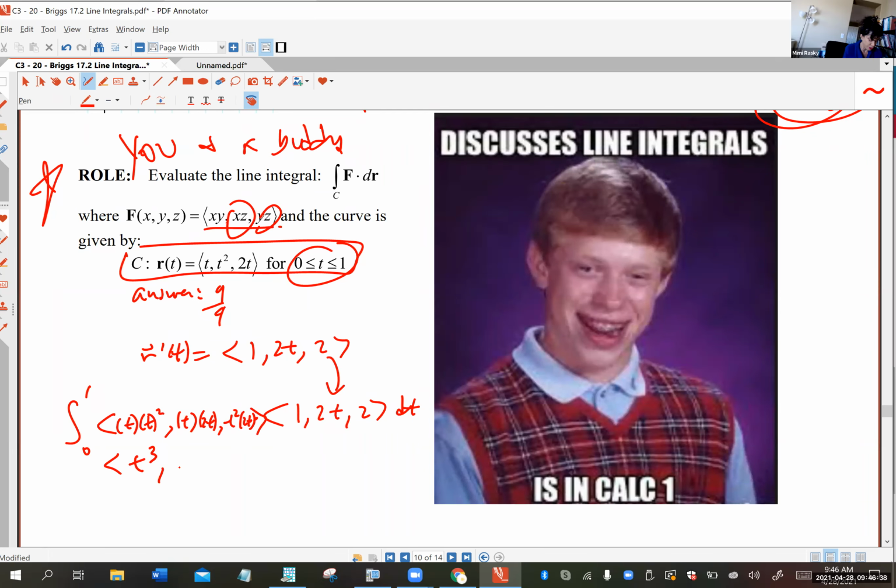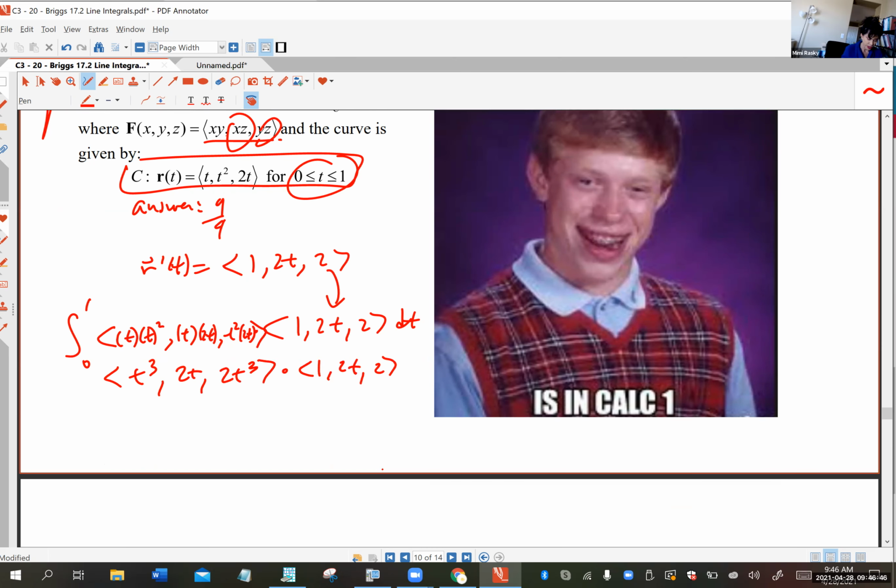That looks like t cubed, 2t squared, 2t cubed, and we're going to take that dot product with the other vector 1, 2t, and 2. So when I do the dot product, I'll have t cubed times 1 plus 2t squared times 2t, and then plus 2t cubed times 2.